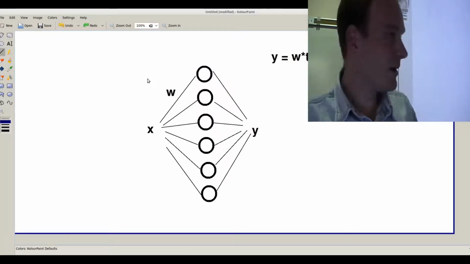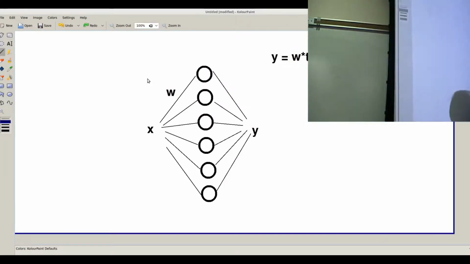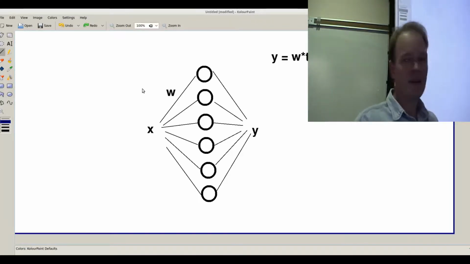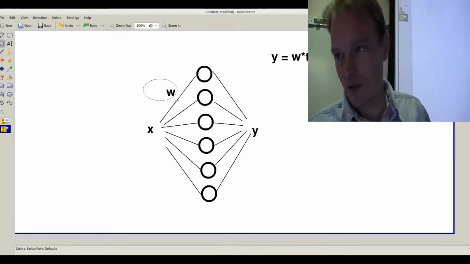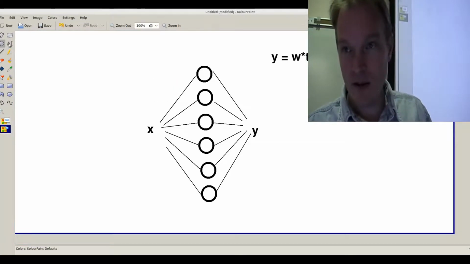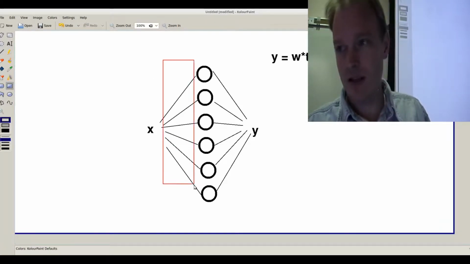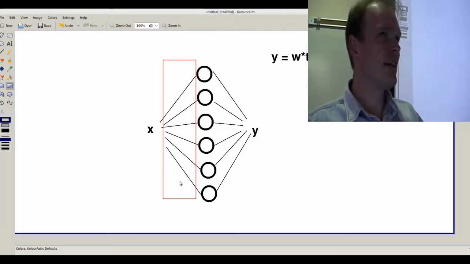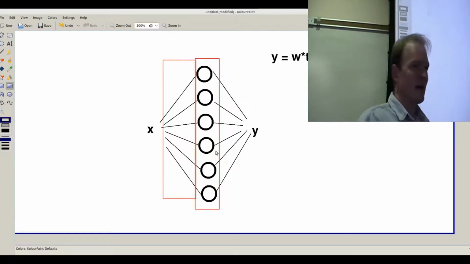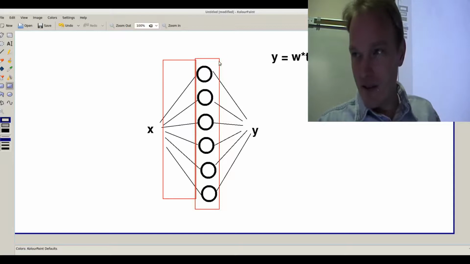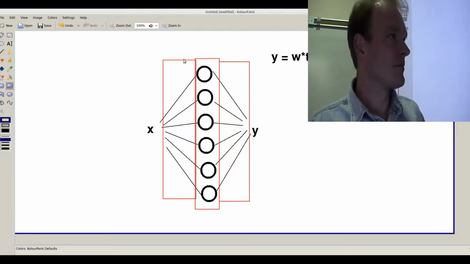Okay. Well, essentially this model that I've drawn here, where a line represents a linear layer and this column of circles represents the nonlinearity. Let me say that a little more clearly. This is a linear layer, like you've implemented in assignment 1. This is a nonlinear layer, like you're about to implement in assignment 2. This is yet another linear layer.